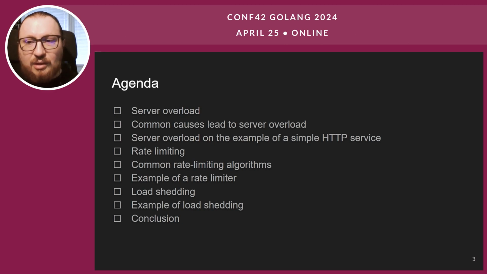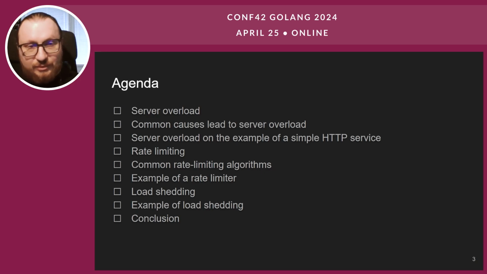After that, I'll consider techniques that help prevent server overload. I'll start with rate limiting and review common rate limiting algorithms. Then I'll show you a simple implementation of one of the algorithms, and you will see how it works. Next, I will discuss another technique called load shedding and show you a simple implementation.